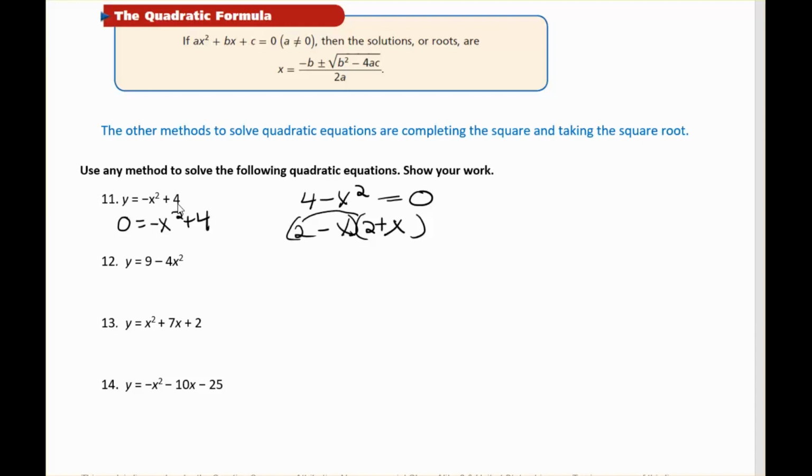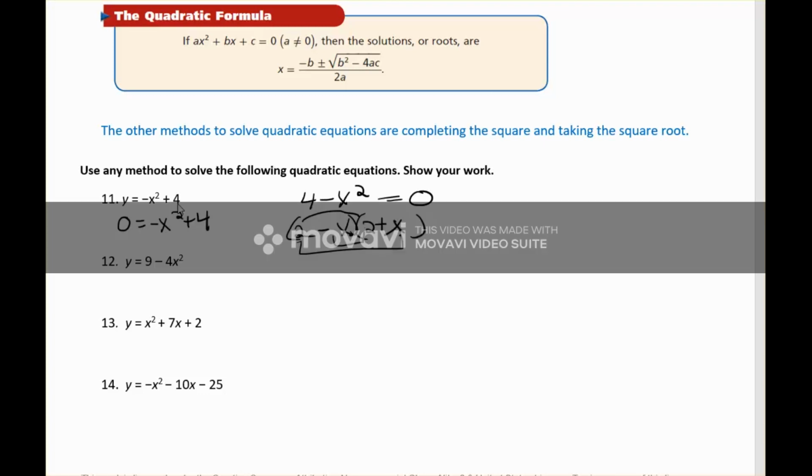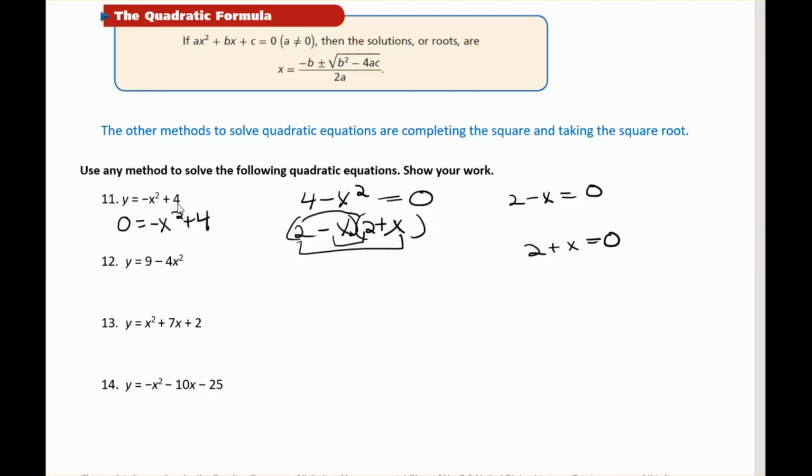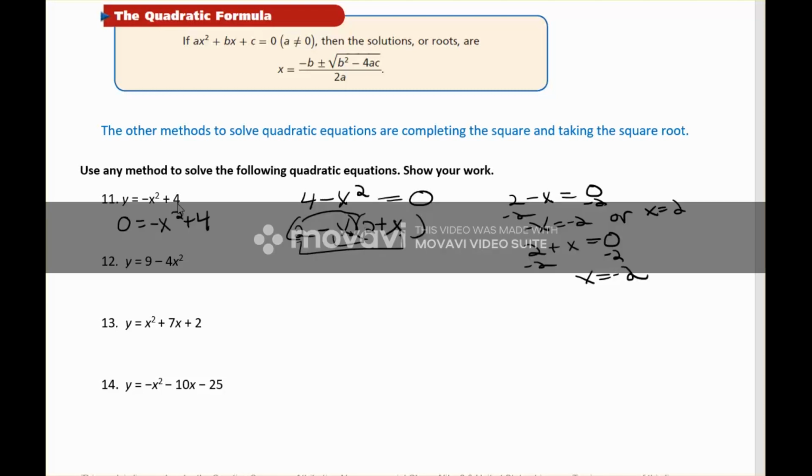And if I FOIL that back, I would get 2 times 2 is 4, plus 2x minus 2x would cancel. Negative x times positive x is negative x squared. So I'm going to solve that for x, and I'm going to solve this for x. This one's easier. x is equal to -2, and on this one I would get negative x equals -2, or x equals 2.